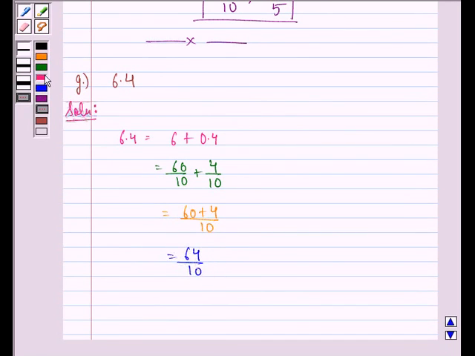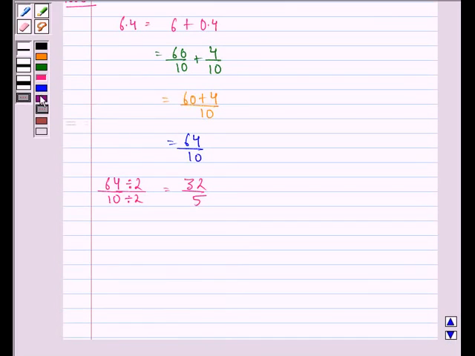Now if we divide the numerator and denominator of 64 by 10 by 2, we are left with 32 by 5. So our answer to this part of the question is that the fractional form of 6.4 is 64 by 10 and the reduced form is 32 by 5.